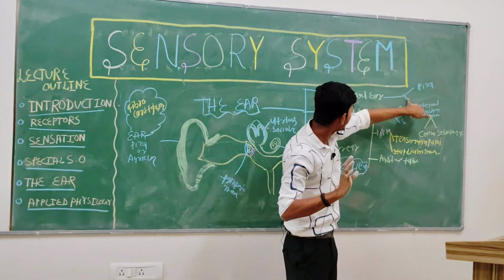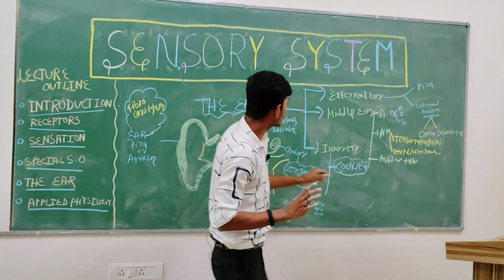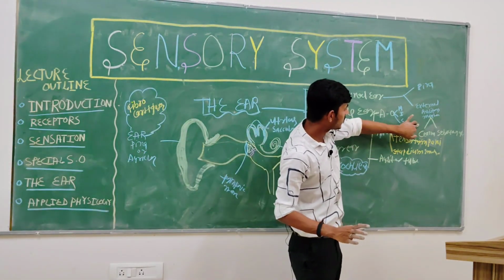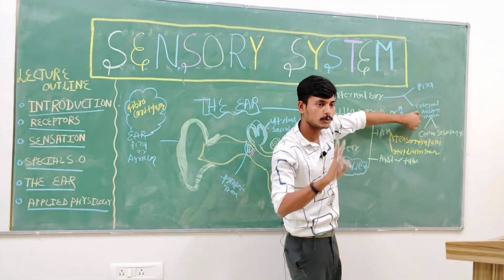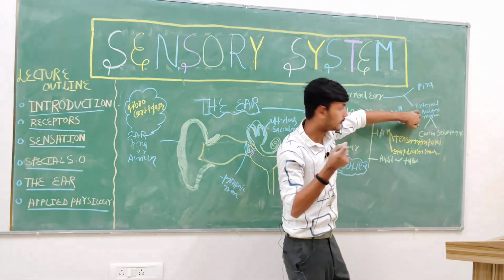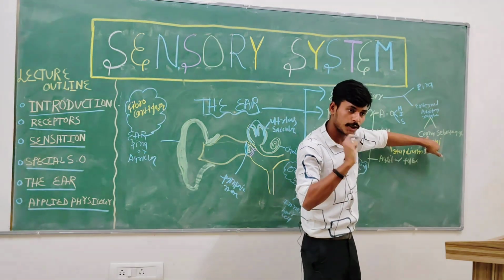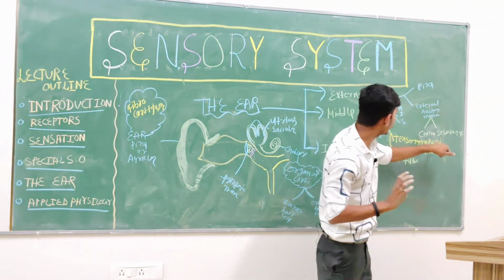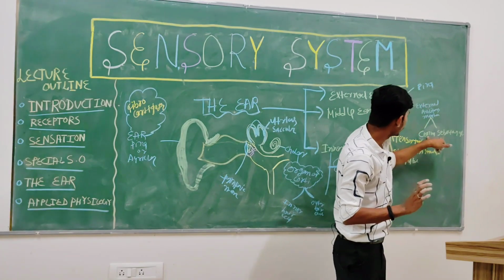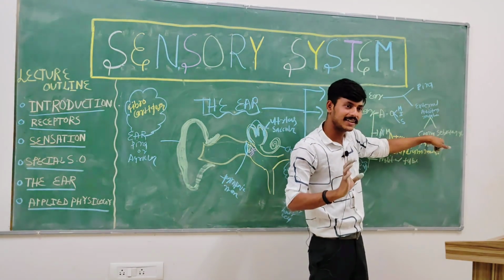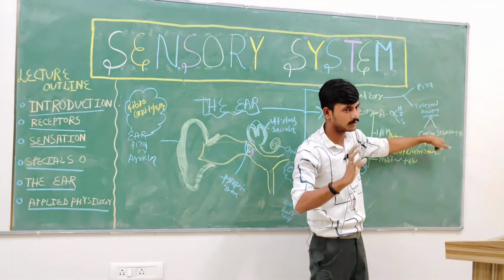Then we studied that the other part of external ear is the external auditory meatus. The external auditory meatus basically performs two things. They have sebaceous glands and ceruminous glands. The ceruminous glands secrete the earwax, or cerumen.